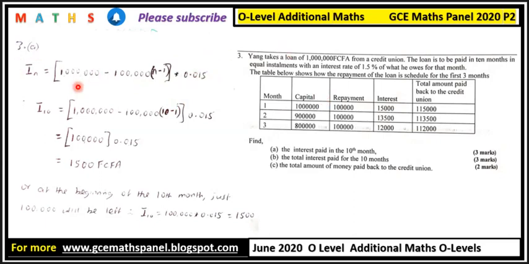Normally we can express all of this in general as I_n equal to 1 million minus the 100,000 he has to pay for each month, all times n minus 1, where n here is the number of months. So for the first month, n is equal to 1, 1 minus 1 is 0, times this gives us 0. So we are left with 1 million times 0.015, which gives us the value that we have here.